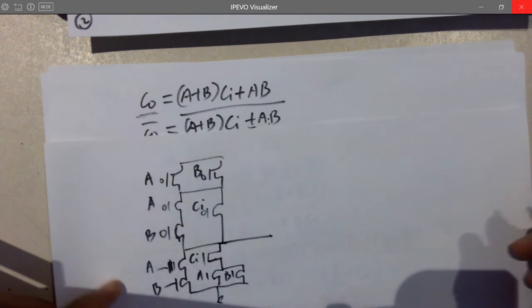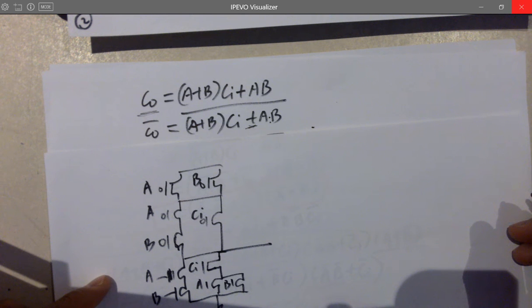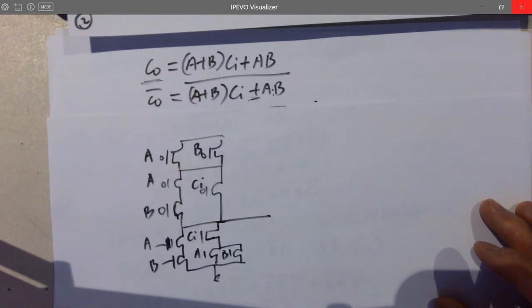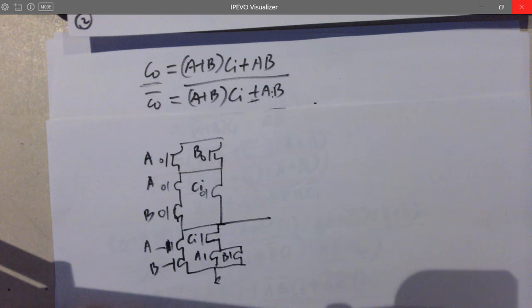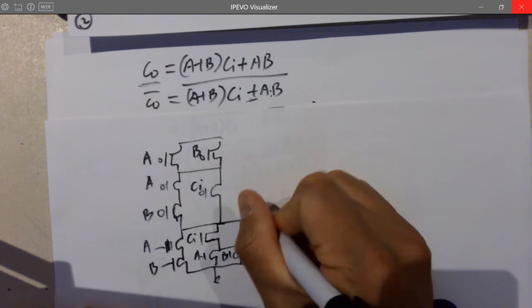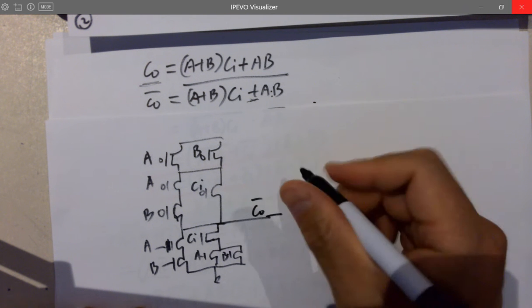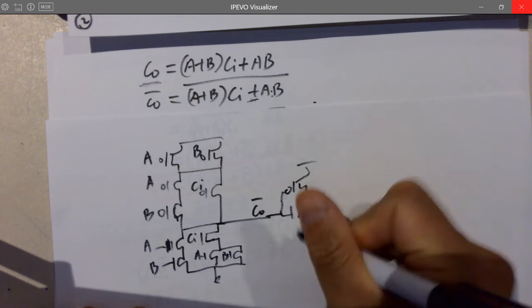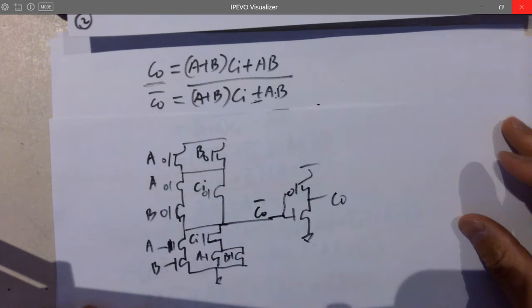So what's the result here? CO naught, right? So we need this. We got CO.